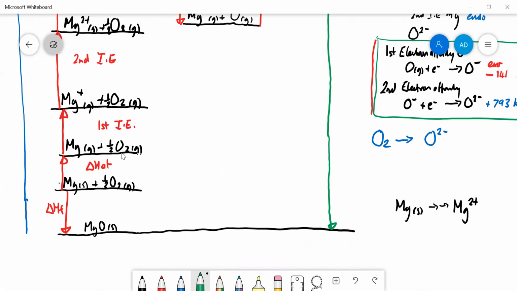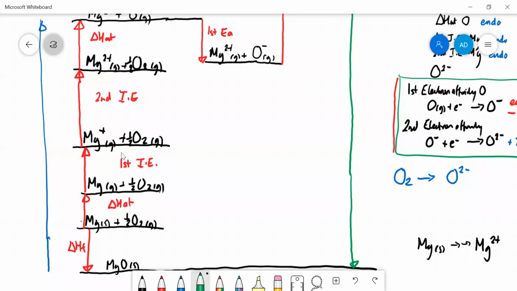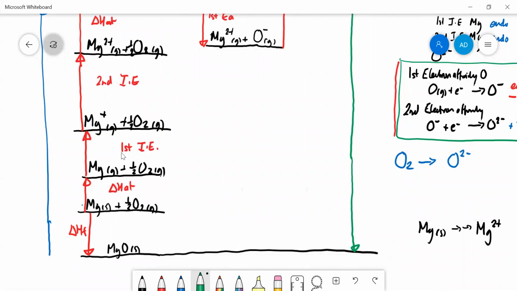So here we go. We have delta H f of magnesium oxide is -602. I'm going to rub out this blue line, give myself more room. -602. Delta H at, magnesium, 148, positive. First ionization energy is 738.